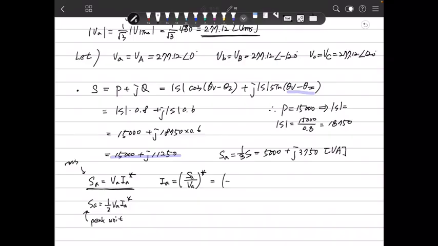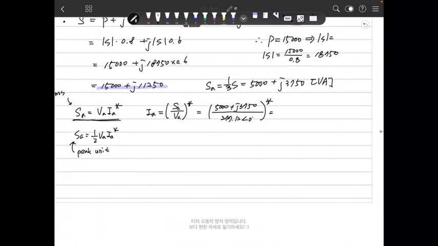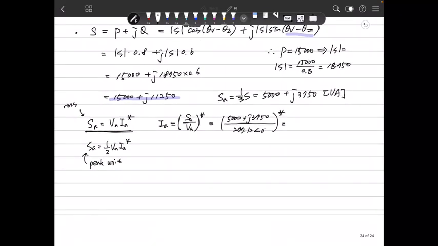So here is SA, then VA is what we defined here, and conjugate. Then we can calculate with the calculator. This is amperes RMS, because the voltage is RMS.